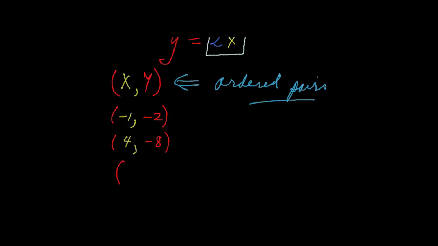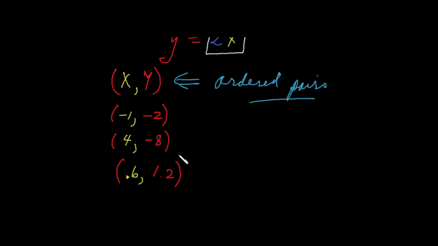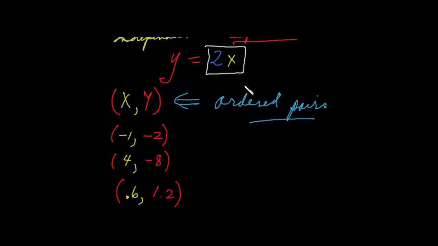And finally, we had a 0.6, and that 0.6 generated a 1.2. And so there we have it. These now become the solution set to the function that was described according to the rule y is equal to 2x.